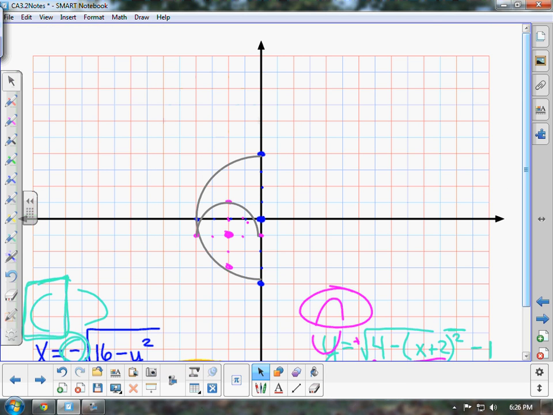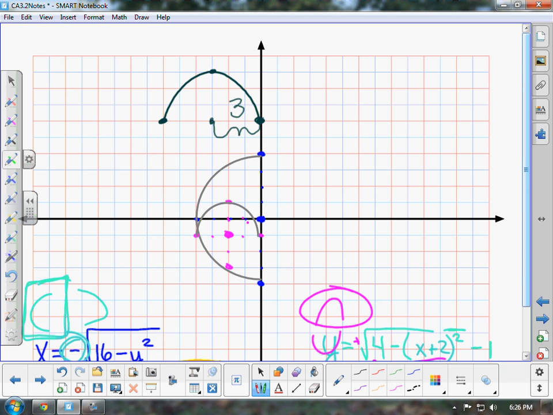And then you could also get a graph of a semicircle and have to come up with the equation. So first, where's the center? Right here: 1, 2, 3 to the left, and 6 up. And the radius of this semicircle is 3. Now it is the top half of a circle, so that's going to be y equals.